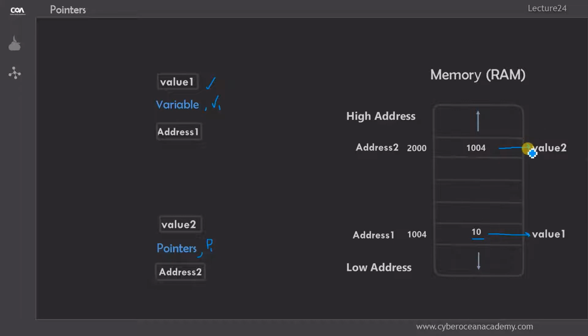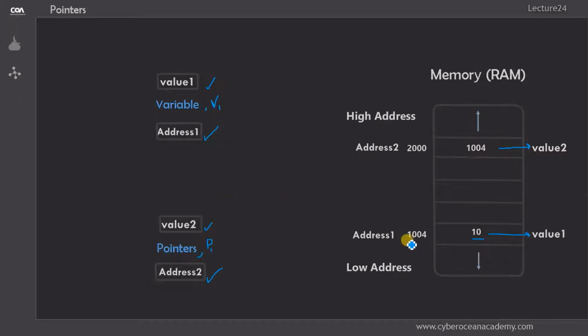For variable v1 the data is value 1 and the address is address 1, and for the pointer variable the value is value 2 and the address is address 2. These addresses will be given by the computer memory randomly.